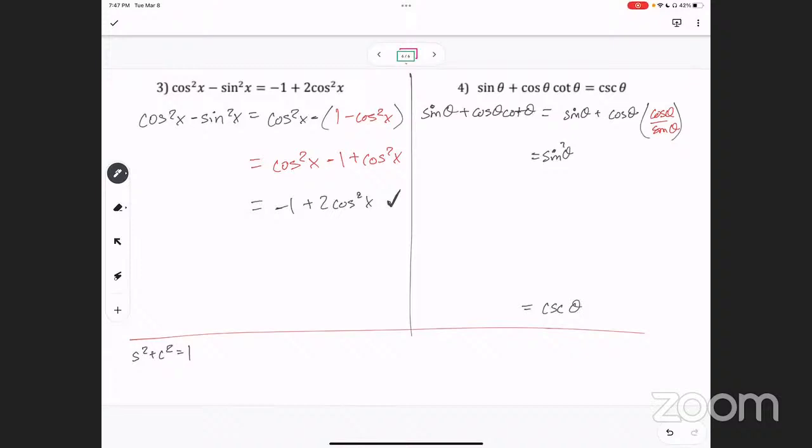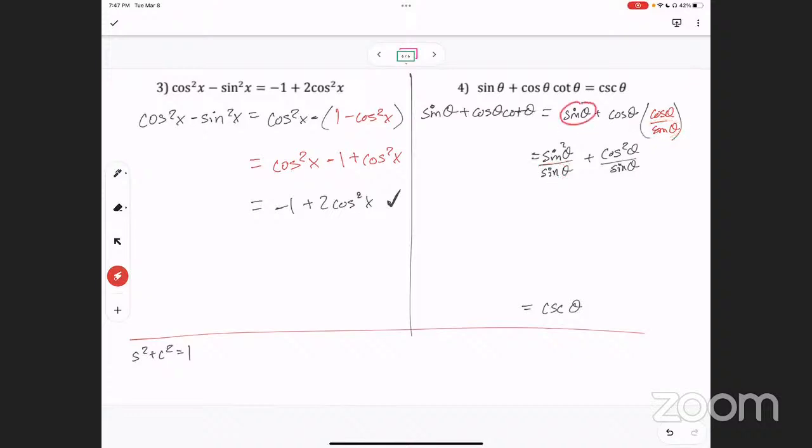Now notice what I'm doing here. I'm multiplying it by sine theta on the top and the bottom. Do you know why? I can see there's a denominator here, and I want to get a common denominator.